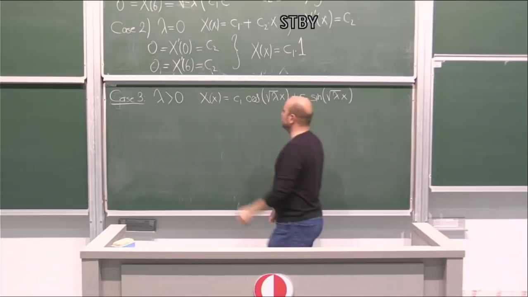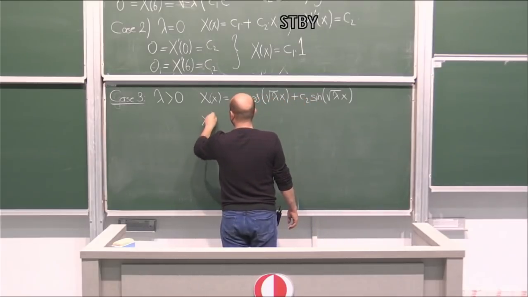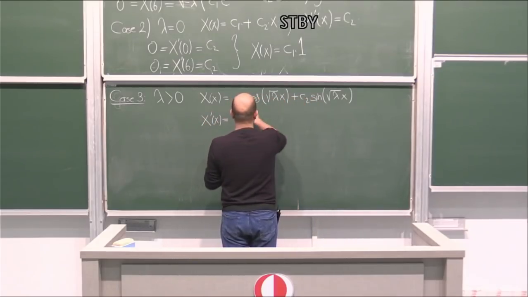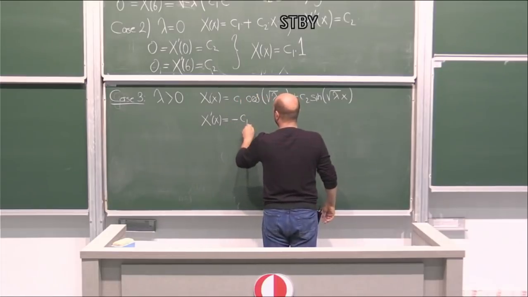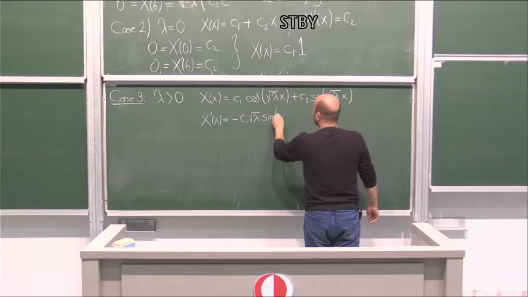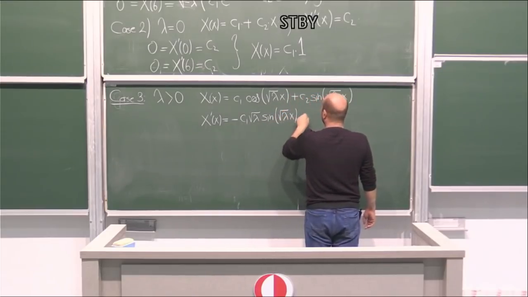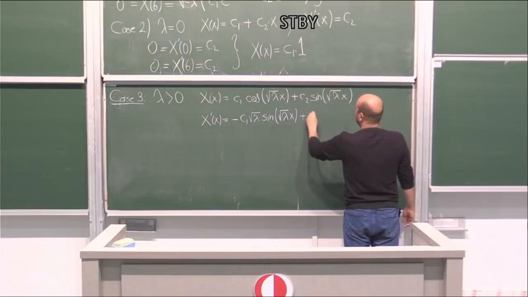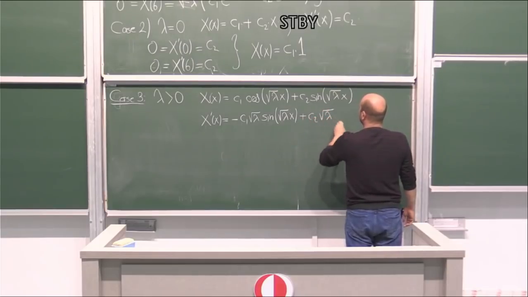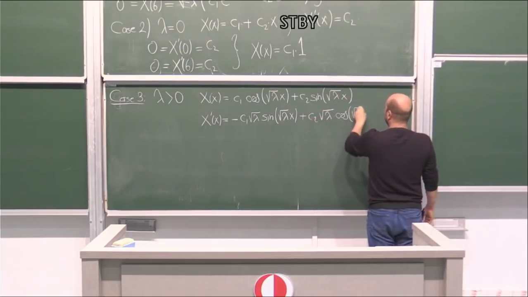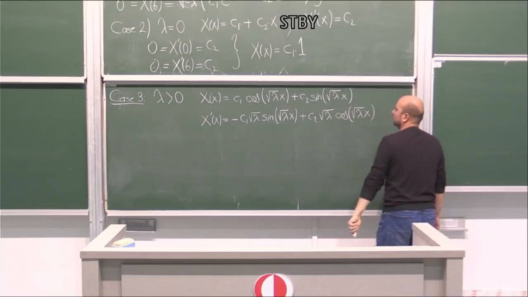Now, I need to plug into the derivative, so if you take the derivative, this comes with a minus C1 square root of lambda sine square root of lambda x and plus C2 square root of lambda cosine square root of lambda x. This is what we have.